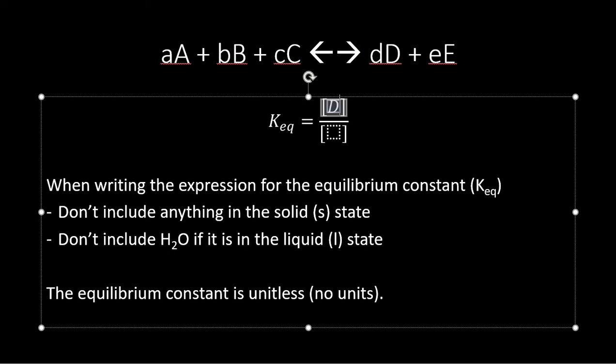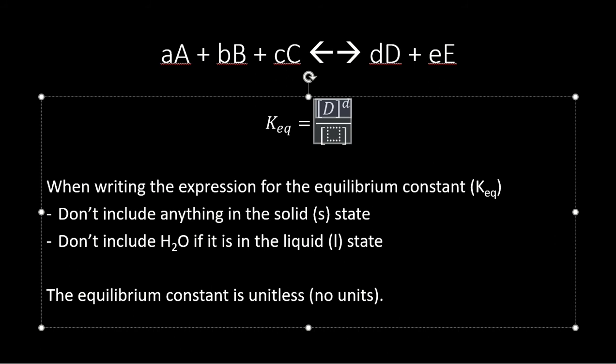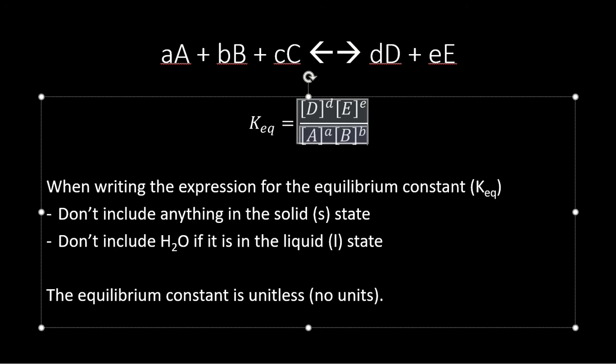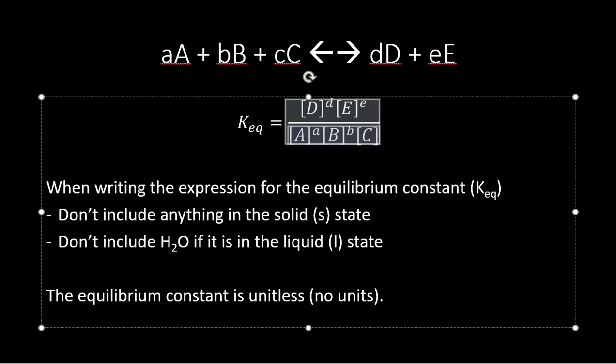So for the concentration of product D, we will raise that to the value of lowercase d, and we will multiply that by the concentration of product E raised to its stoichiometric coefficient. And we will also take the concentration of reactant A in the denominator and raise it to its stoichiometric coefficient of lowercase a, the concentration of B raised to lowercase b, and the concentration of reactant C raised to lowercase c.